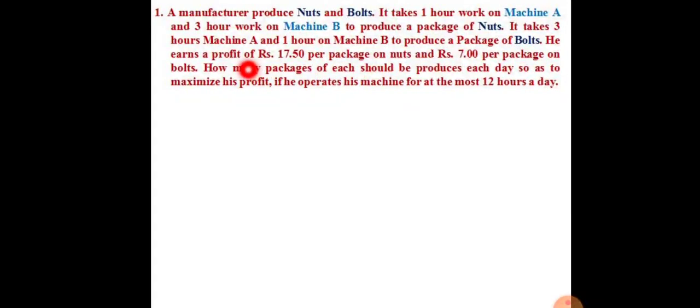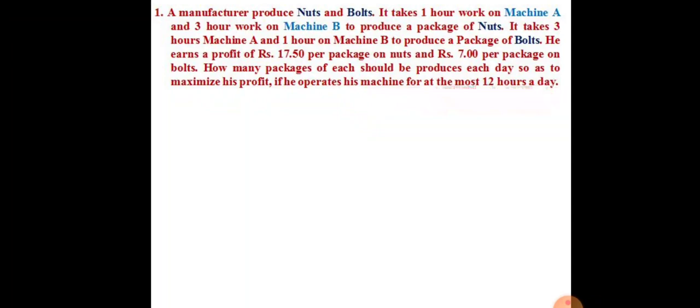He earns a profit of rupees 17.50 per package on nuts and 7 rupees per package on bolts. How many packages of each should be produced each day so as to maximize his profit if he operates his machines at the most 12 hours per day?